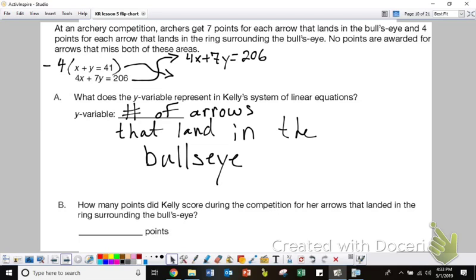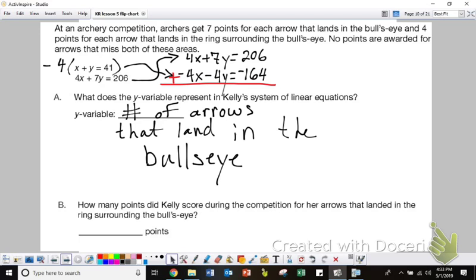So when I distribute that -4 into everything, I'm going to get -4x, then minus 4y, and it's going to be equal to -164. So now that I'm at this step, I can go ahead and combine these two equations. I'm just going to add them together.